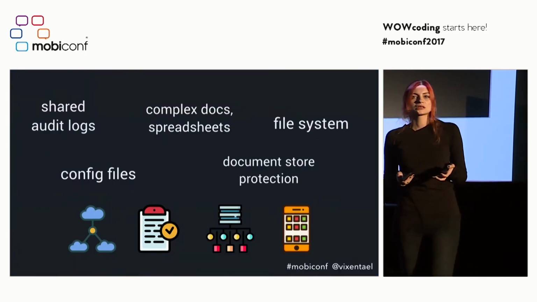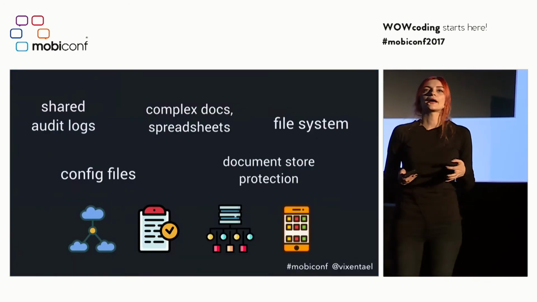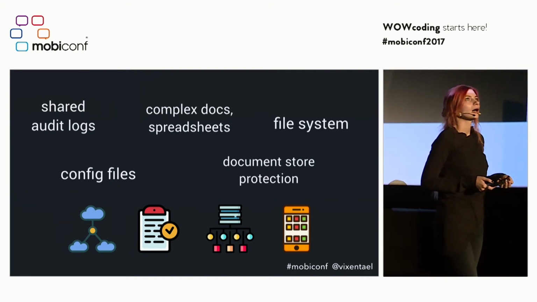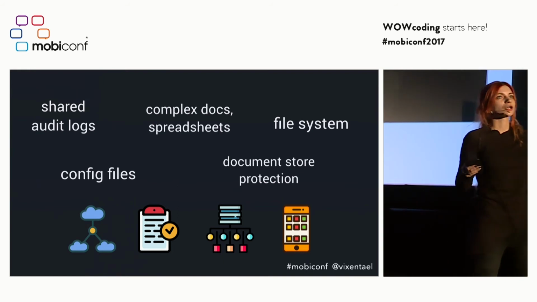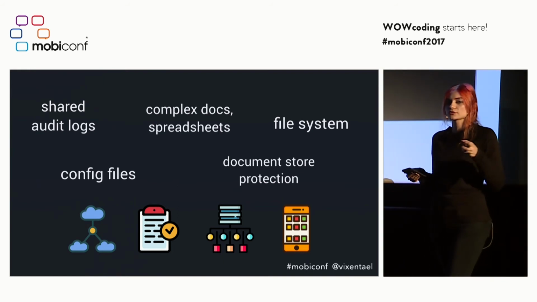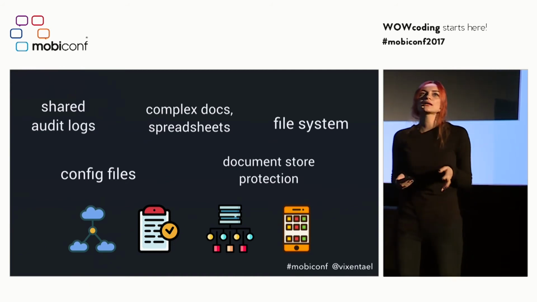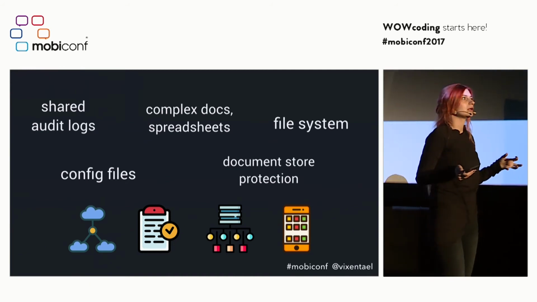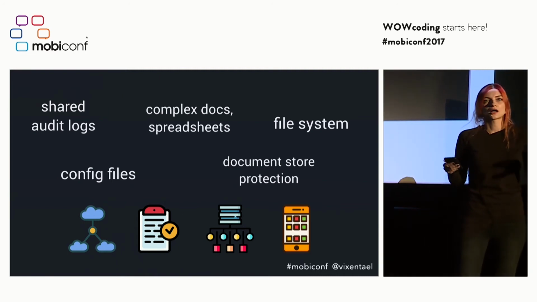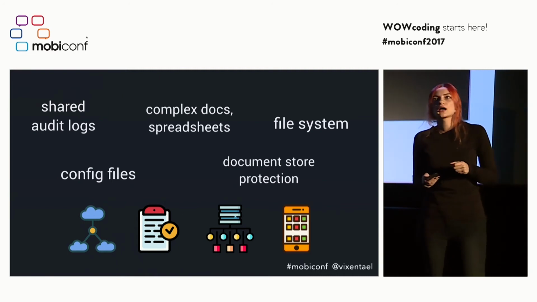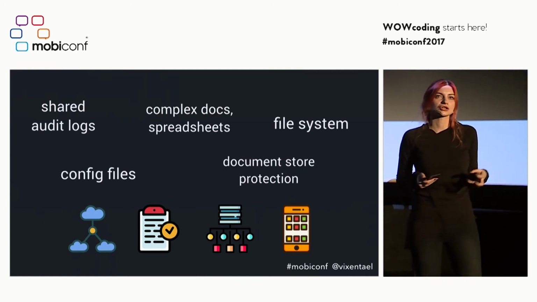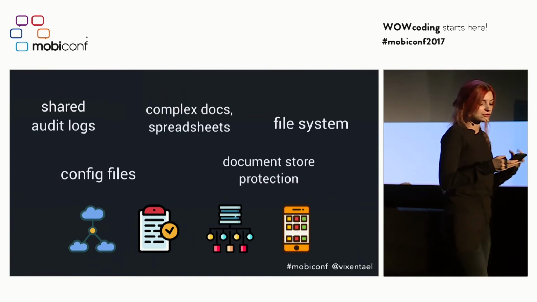Actually, you can use this approach when you have any kind of large collaborative document. This may be large audit log files, it can be large config files of your servers. Well, okay, we are mobile developers. For us, it can be spreadsheets with comments, something large that can be divided into blocks, like a file system, and something where you can manage access to separate blocks.